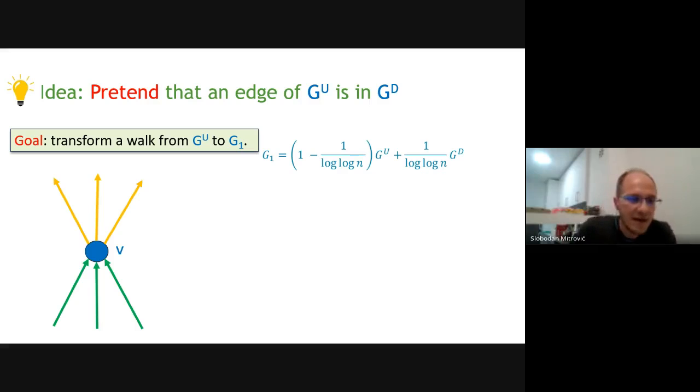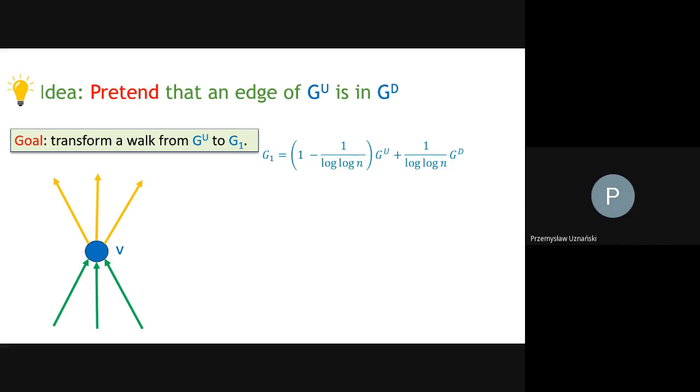Good. So say I take a random edge incident to V, and what is the probability that this edge is a directed edge, an outgoing directed edge? What is the probability of that in this example? I mean, someone can say it's a very simple question, but just to make sure that we are on the same page. I mean, 1 over log n, right?